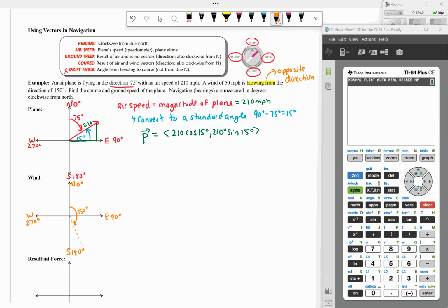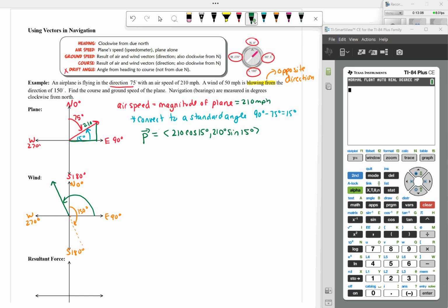But because it says it's blowing from the direction of 150 degrees, that means we're actually going 180 degrees the opposite direction. So we need to figure out from here to here what that standard angle measure is going to be, because that is going to be what we're going to use to find our component form.